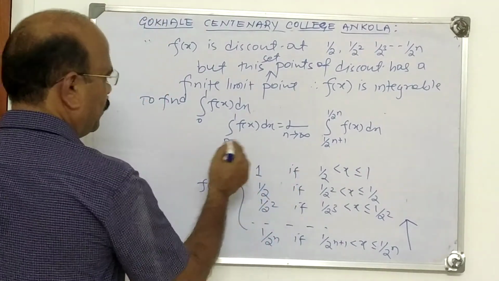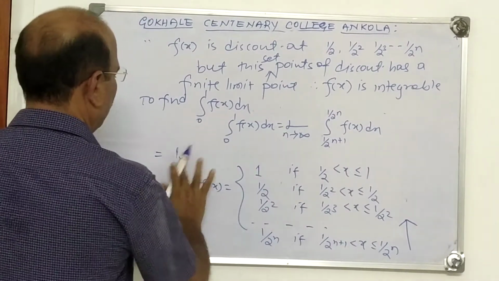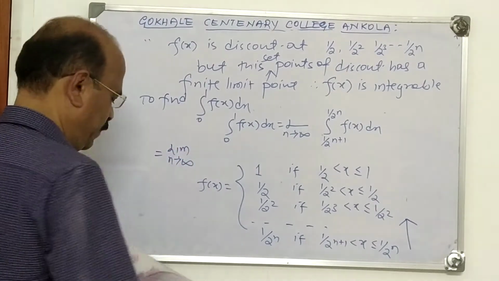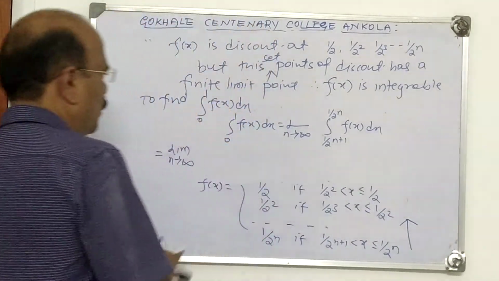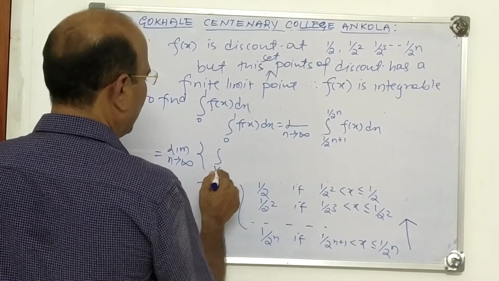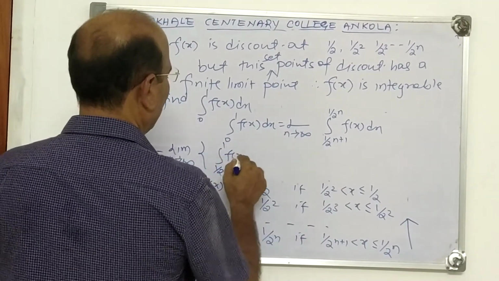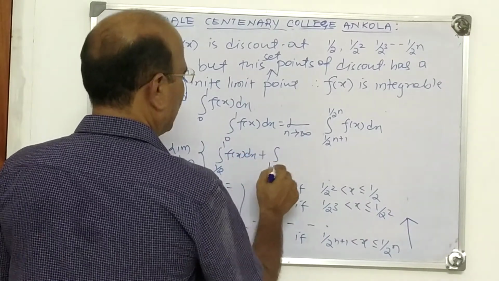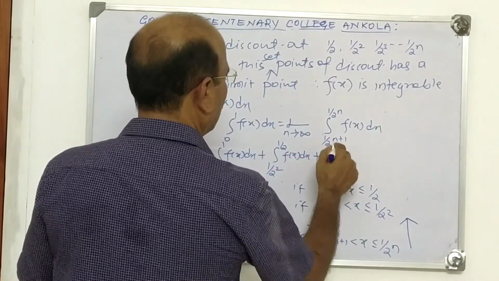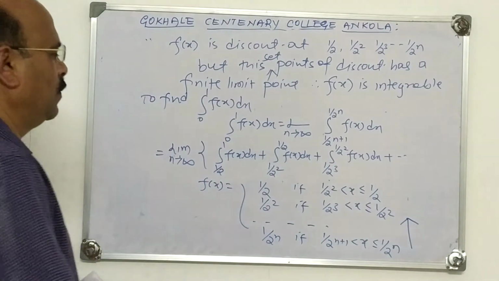This can be written as the limit as n tends to infinity of the integral from 1/2 to 1 of f(x) dx plus the integral from 1/2^2 to 1/2 of f(x) dx, plus the integral from 1/2^3 to 1/2^2 of f(x) dx, plus so on.